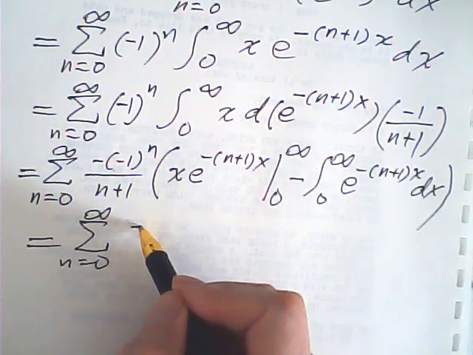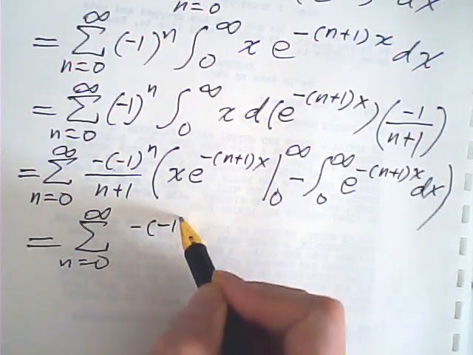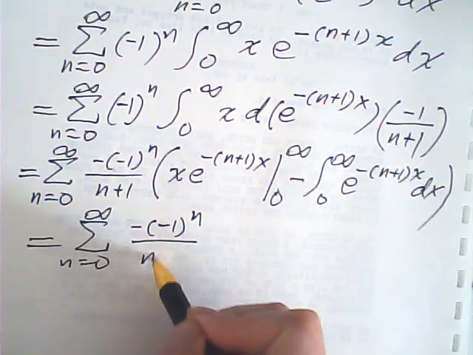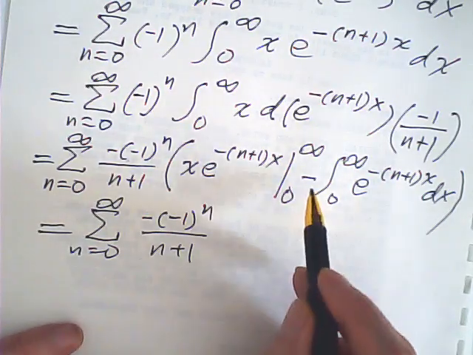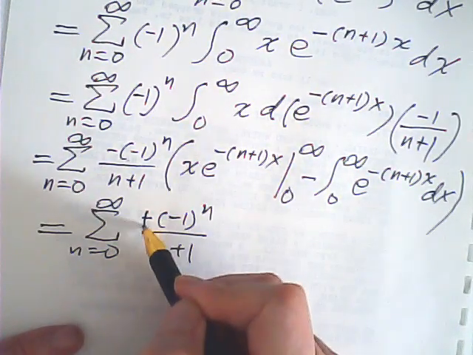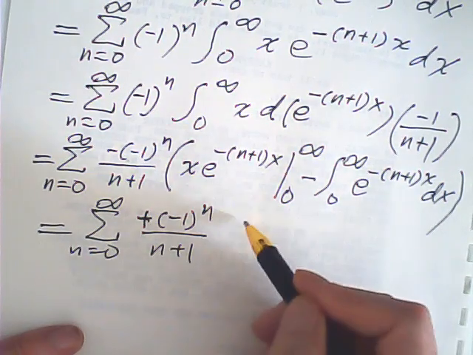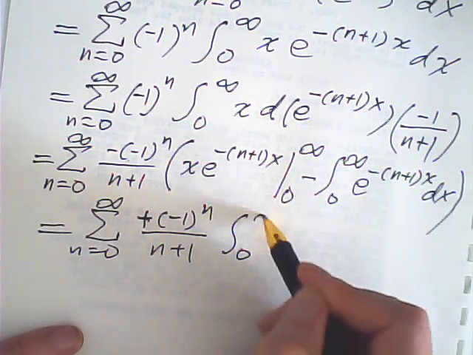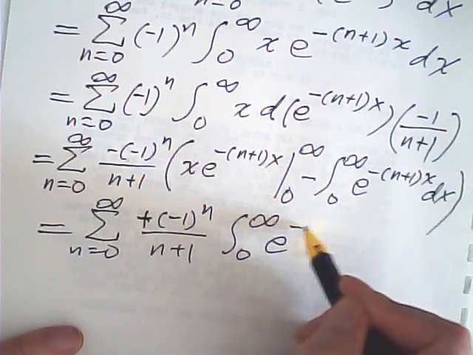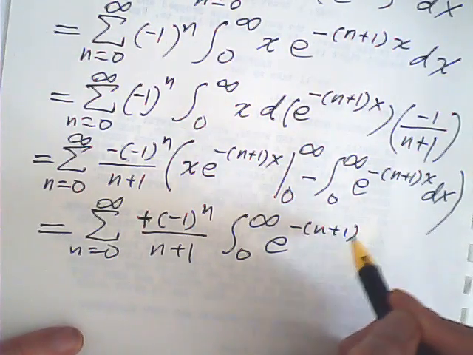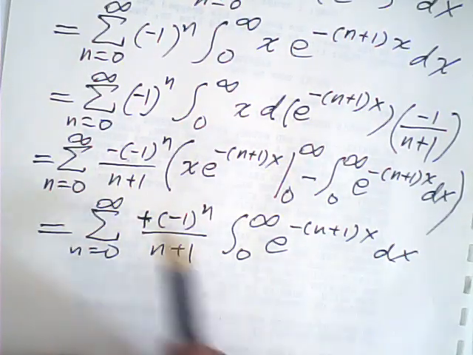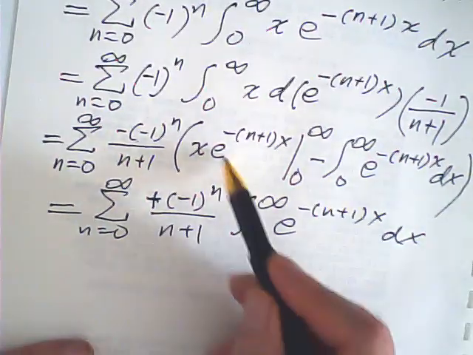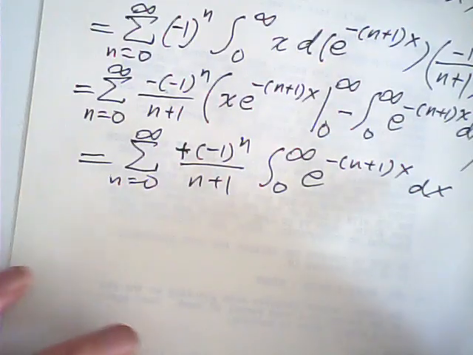So the sum from n equals 0 to infinity of negative 1 to the power n. This one cancels out positive, right? Because e to the negative n plus 1 x dx, this one is positive and this one's 0.